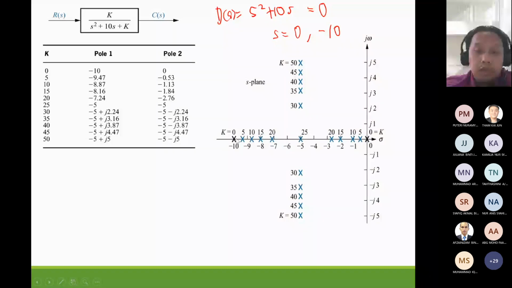Here, when K equals 0, the poles are at minus 10 and 0. So you plot all of these poles on S-plane. You'll see something like a shape. Then we can connect all of these points. When we connect all of these points, we get this red cross graph.